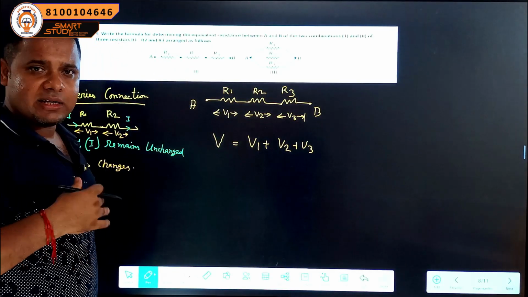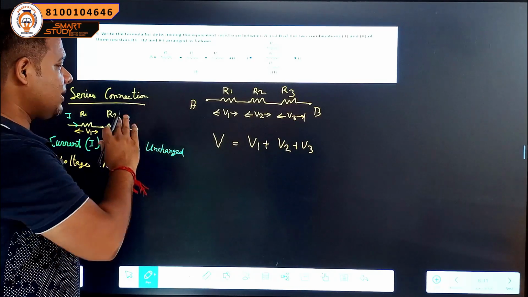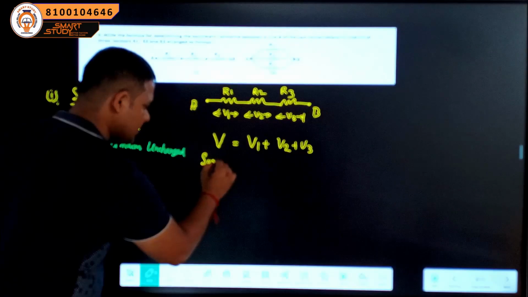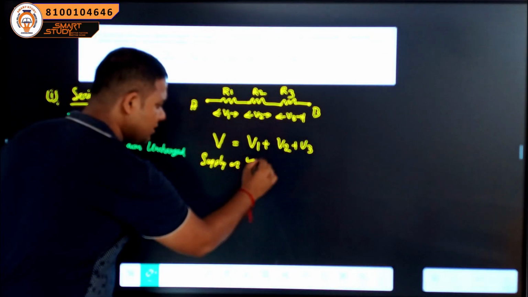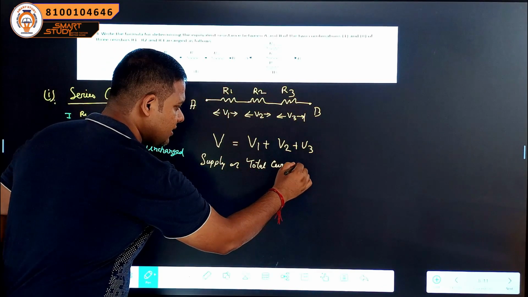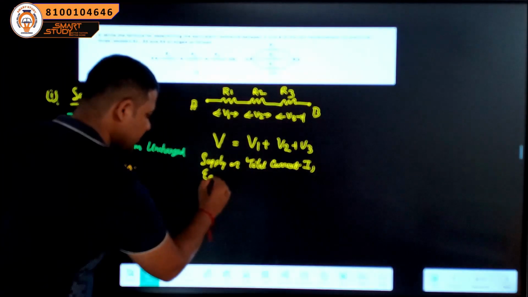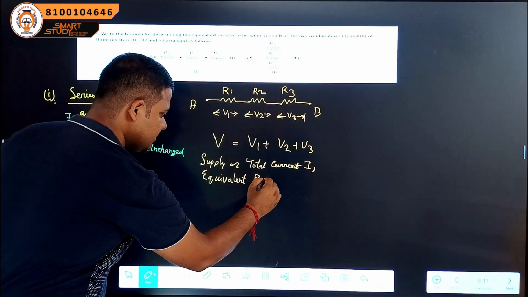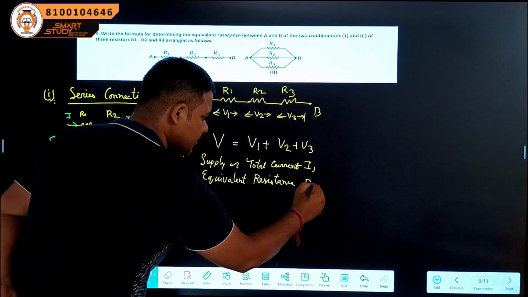Now suppose we take the supply or total current for the circuit as I, and the equivalent resistance as Req.